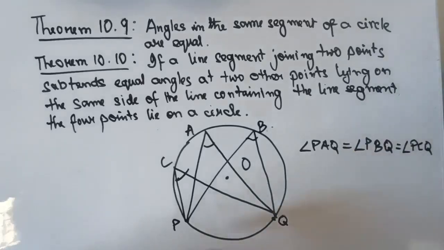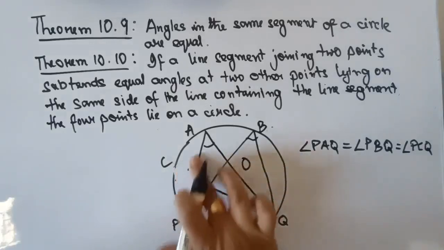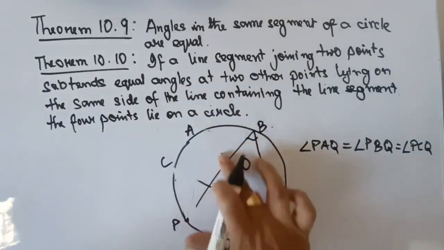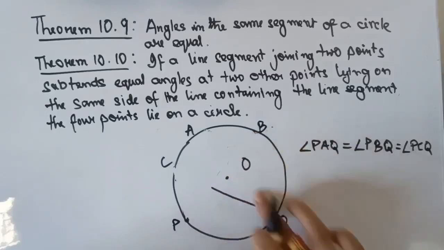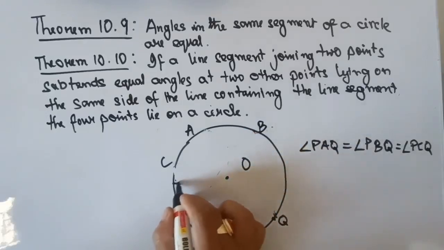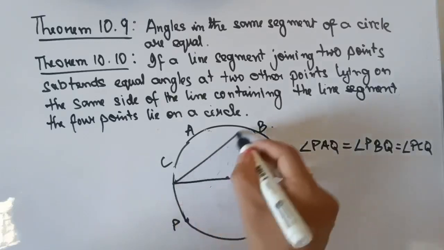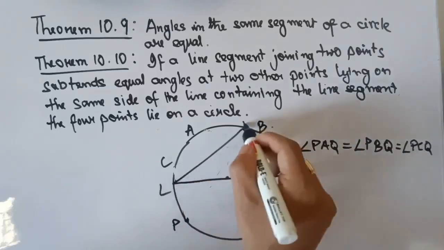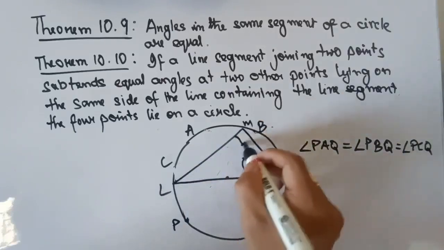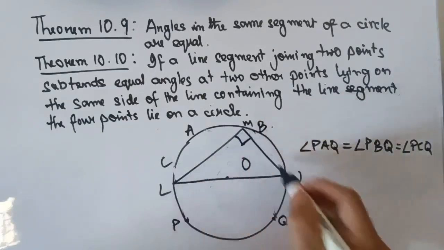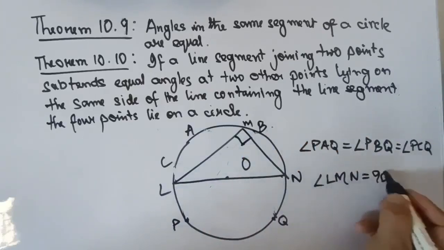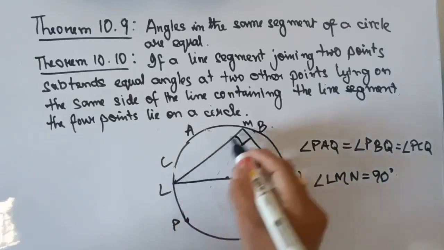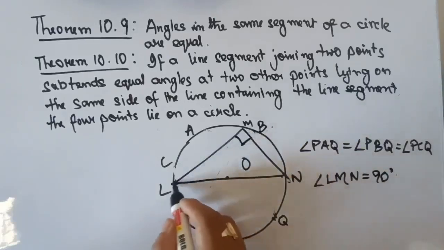Here one of the important topics is that the angle in a semicircle is 90 degrees. That is, the angle in a semicircle is a right angle. For example, here the measure of this angle LMN will be equal to 90 degrees because these angles lie in a semicircle.